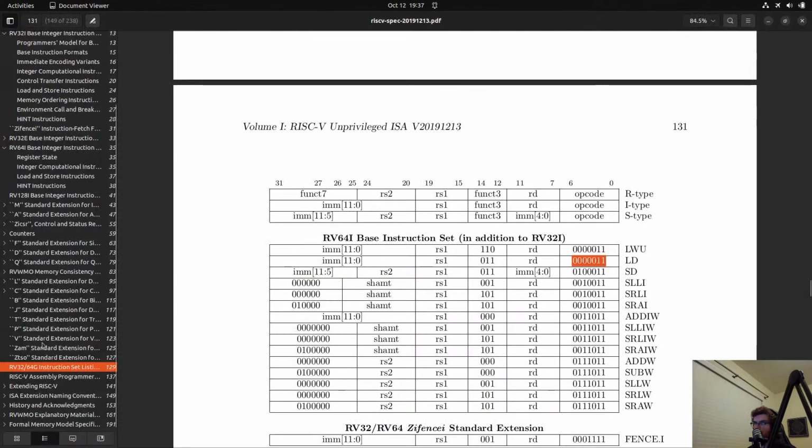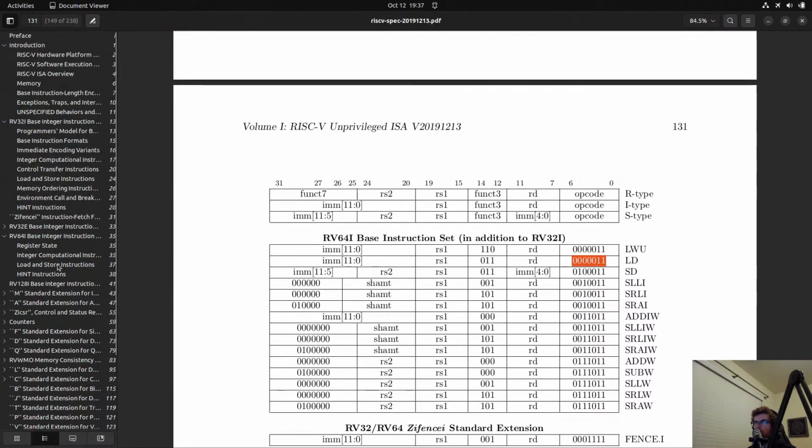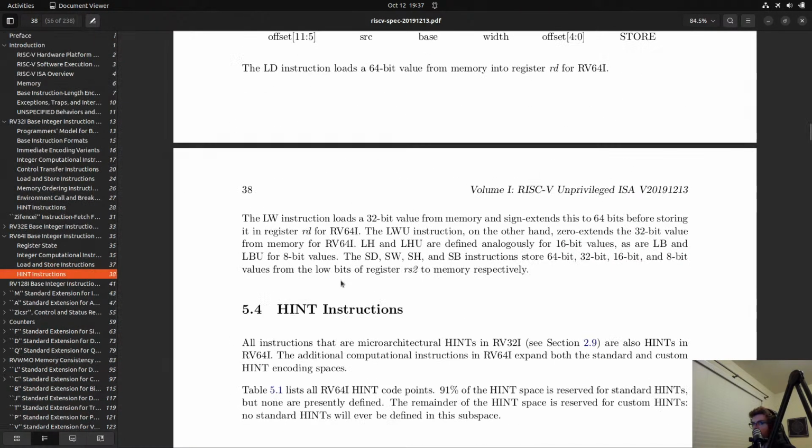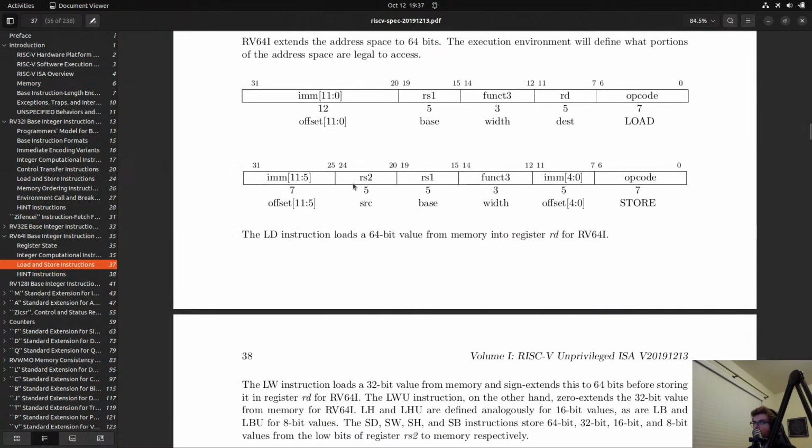And we're going to say for store, store byte would be the low 8 bits of the value in RS2 at the address specified. Okay.